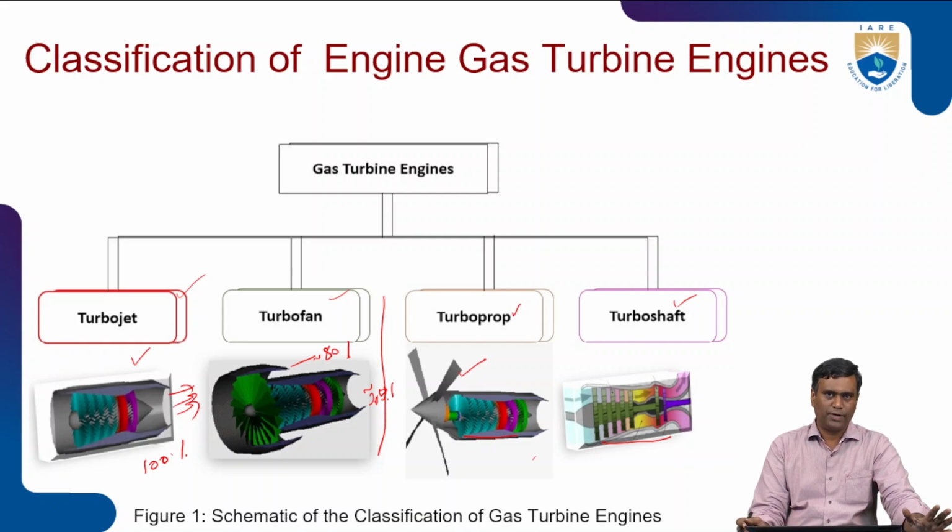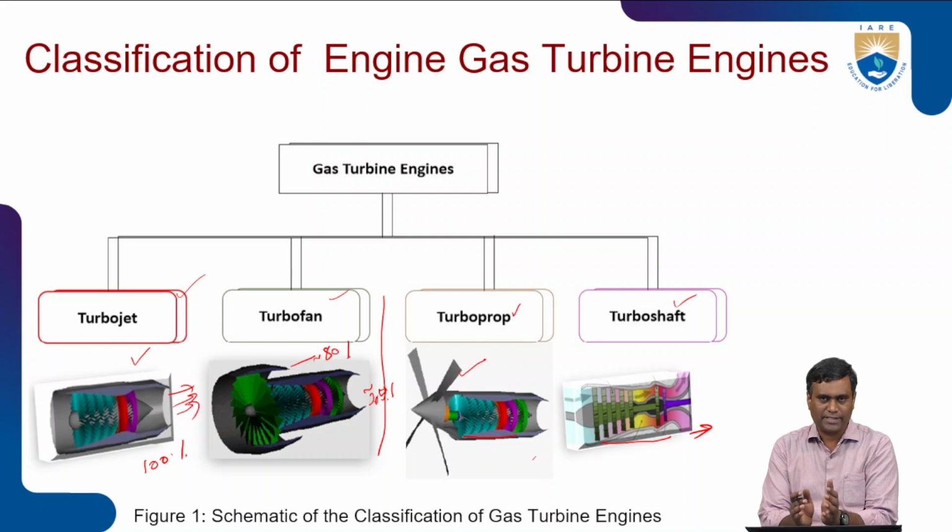Whereas in turboshaft, 100% of the power is delivered through the shaft. There is no direct thrust generated by the jet exhaust. So from the point of view of thrust generated by jet exhaust, turboshaft is 0, which means zero thrust is generated by the gas generator exhaust or jet velocity.